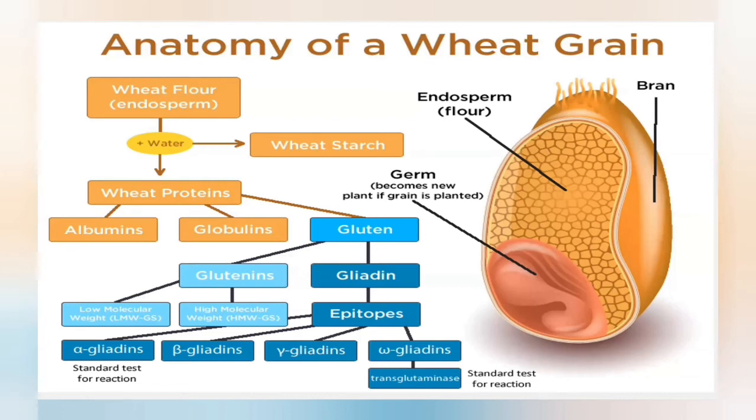The gluten is again further divided into glutenins and gliadin components. In the gliadins, you have alpha, beta, gamma, and omega gliadins, of which please note that the alpha gliadin and the gamma gliadins are the standard targets for the test reactions, that is anti-gliadin antibodies and TTG antibodies. I will come to this a little later.